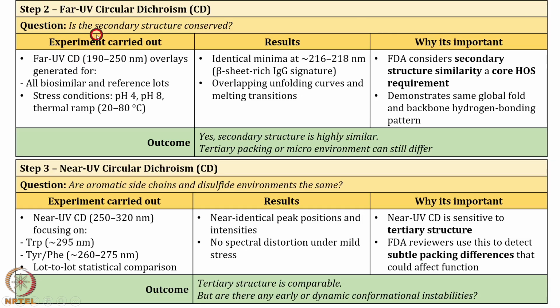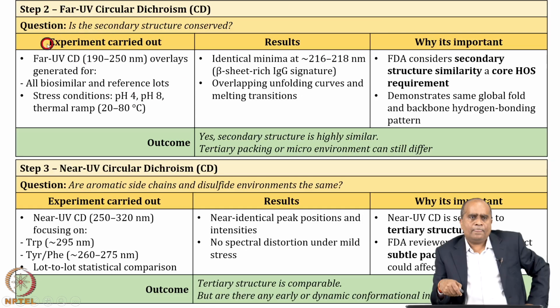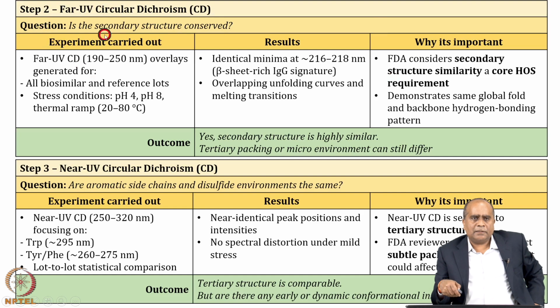The question we are asking is, is the secondary structure conserved? Now, what experiment are we going to do? Just do the far UV CD, measure the spectra between 190 and 250, and overlay these spectra, all biosimilar and reference lots.